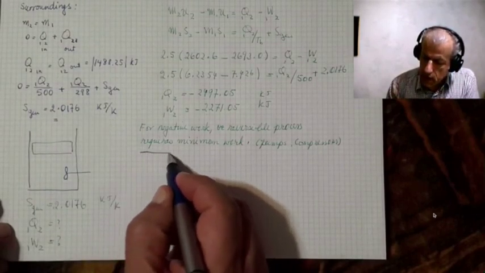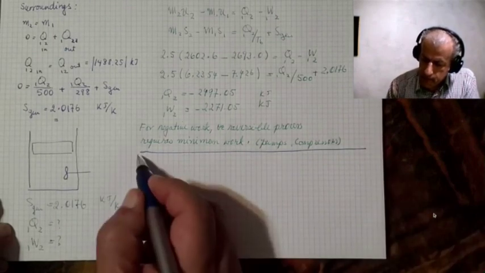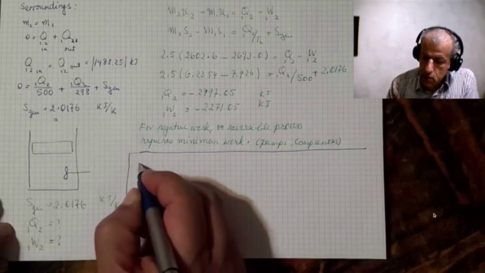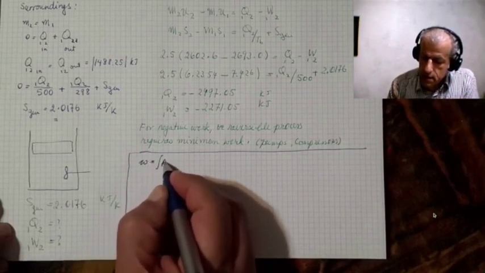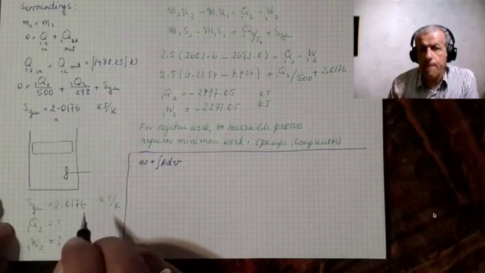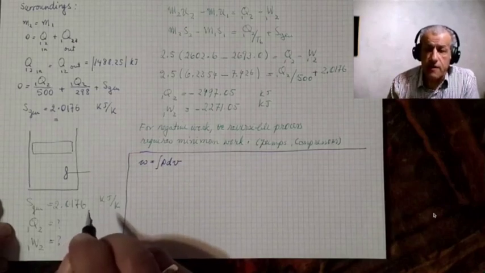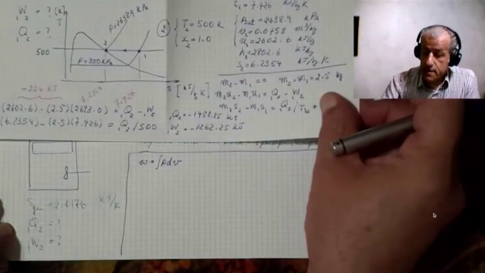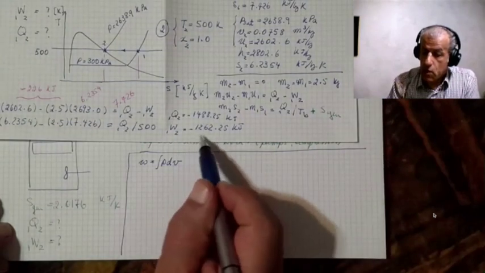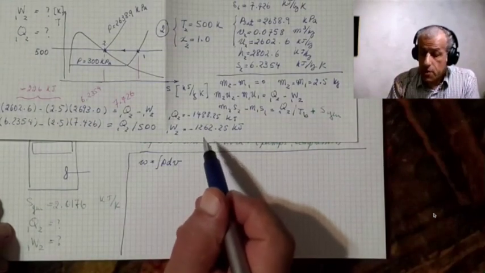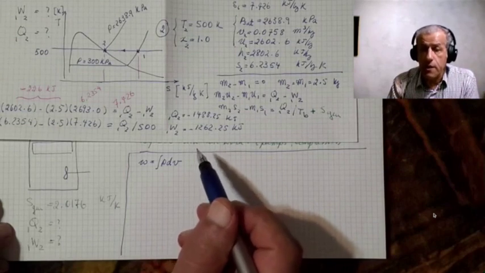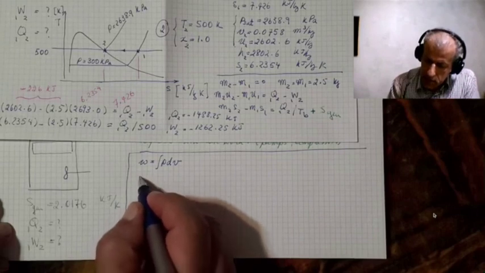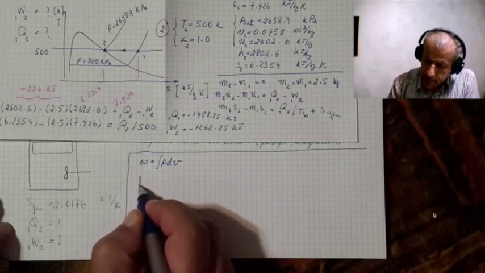So you well know that we could have written work equals integral P dV, and that work is valid for a reversible process on a cylinder piston arrangement. So this work should be really equal to the integral P dV. To that end, let us draw a PV diagram.